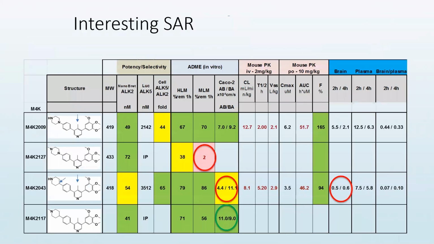Okay. So not to go back to the SAR, but there were a couple of interesting SAR points. M4K 2009 introduces the C4 methyl, has the NH at this position, and we all know how good of a compound that is. Interestingly, N-methylating that compound really results in a metabolic liability in the liver microsomes, whereas in other series, we don't see that.